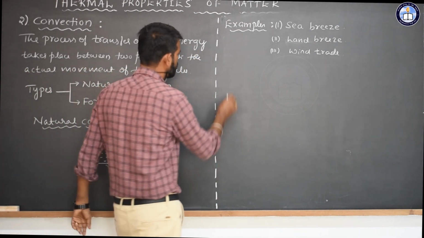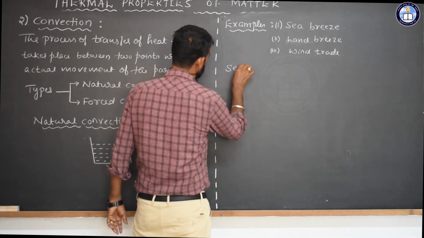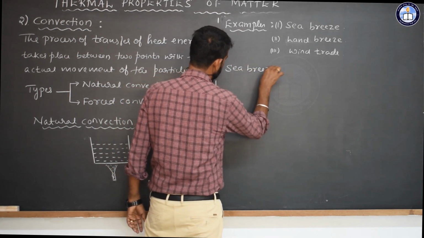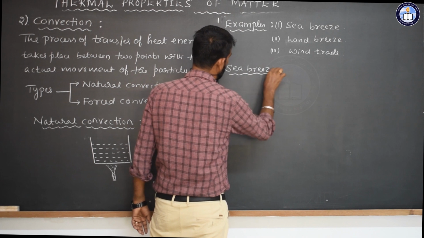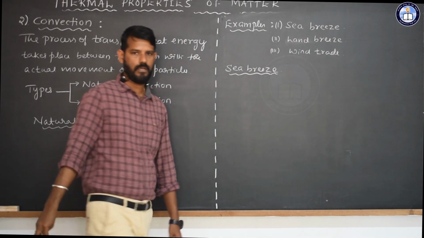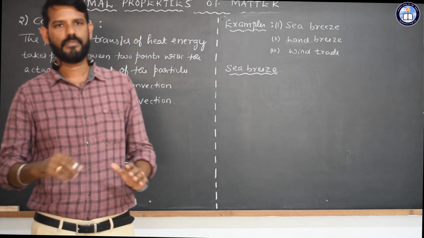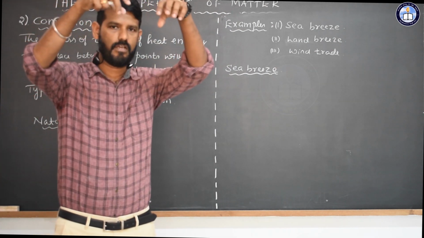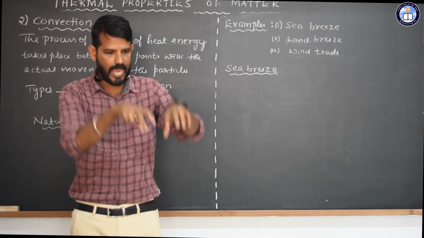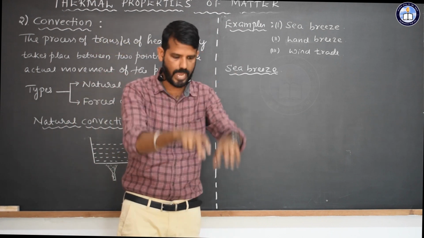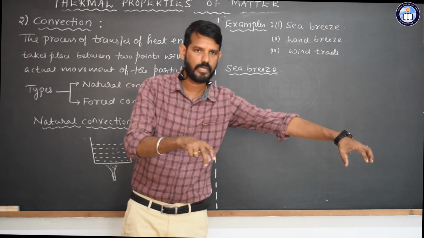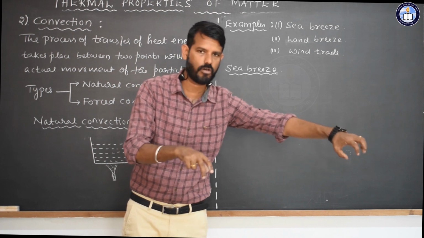So what is the sea breeze? Sea breeze and land breeze. Now we know that during the daytime, the sunlight falls on the land, as well as nearby, if we have a sea or sea water.